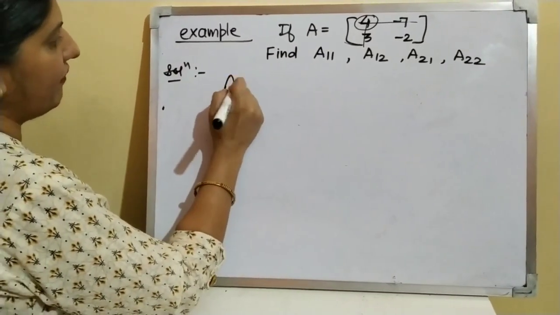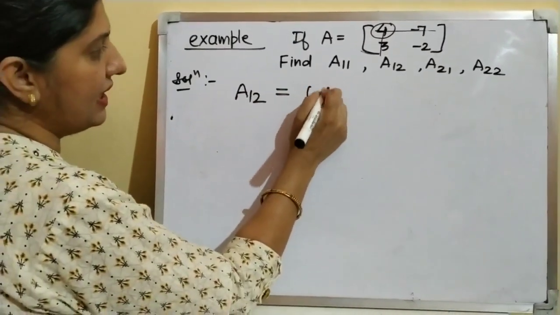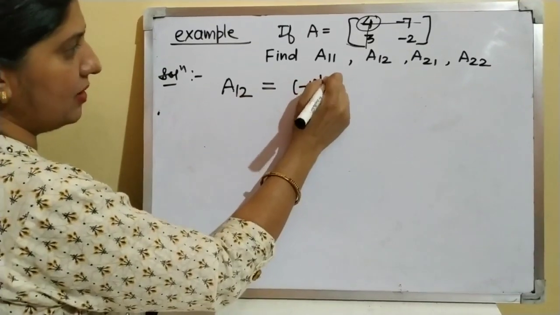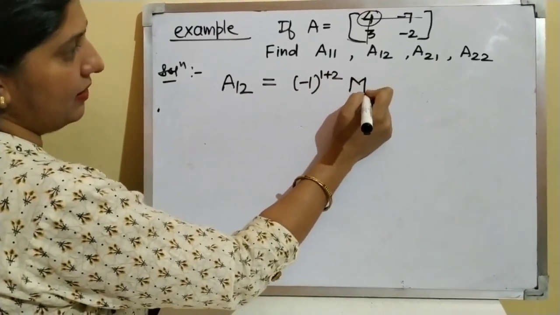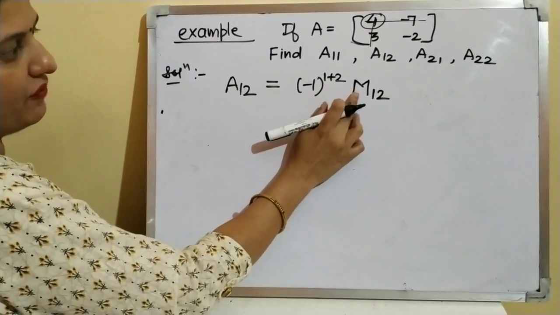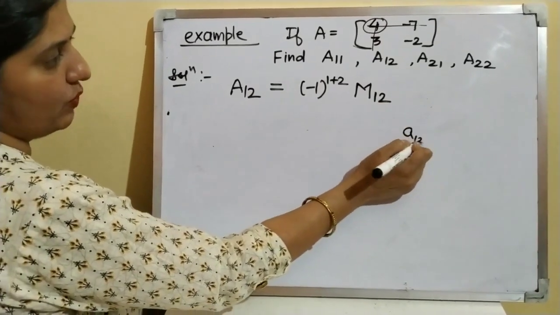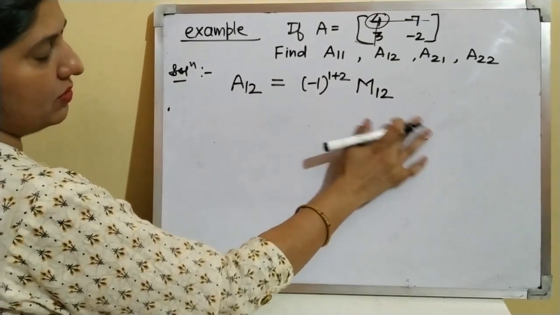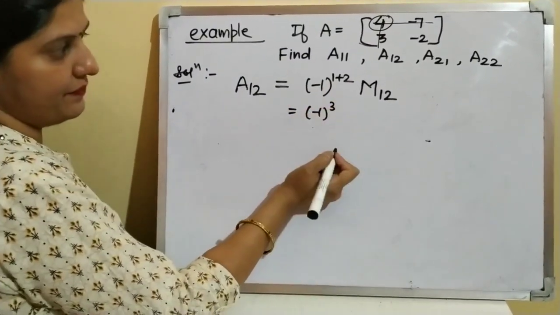Now, A12 is equal to minus 1 to the power sum of the suffix multiplied by capital M12, meaning the minor of the element which belongs to position A12. Now, minus 1 to the power 3.